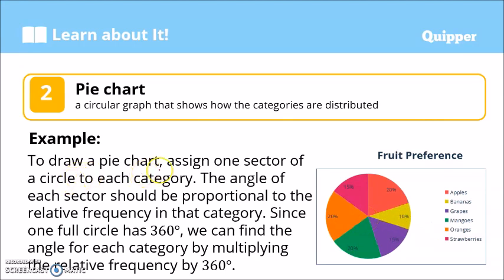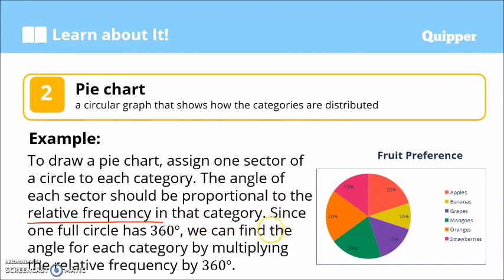To draw a pie chart, assign one sector of a circle to each category. As you can see here, each category has a sector in the pie graph. It's divided according to their percentages. So, the angle of each sector should be proportional to the relative frequency in that category.